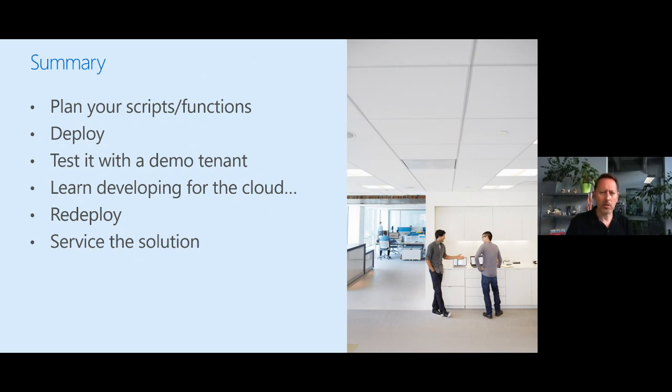It's also always a good idea to test your scripts before you run them in the productive environment, especially with the permissions you need. And developing for the cloud, in our case with the automation accounts, actually is very easy. This is the easiest way to migrate your PowerShell scripts to Azure.